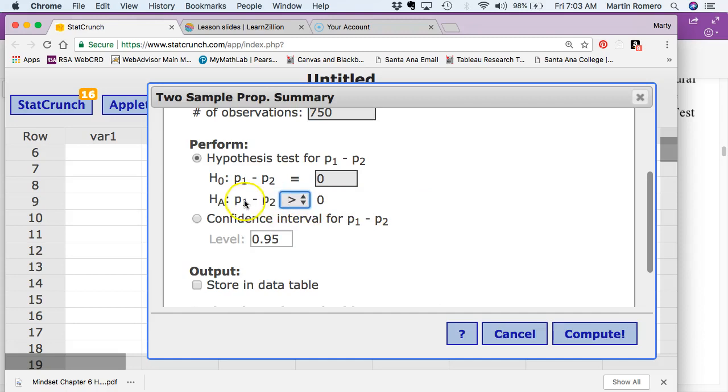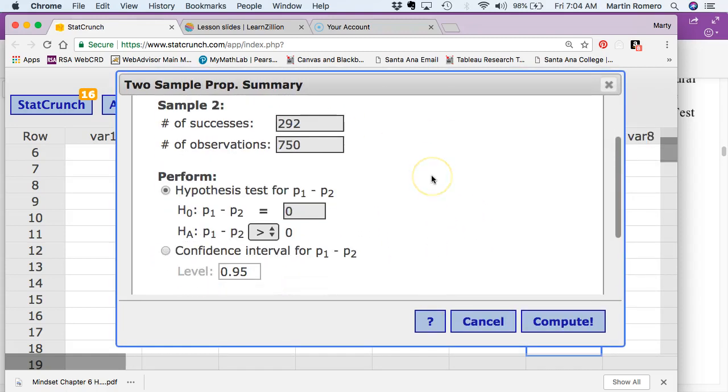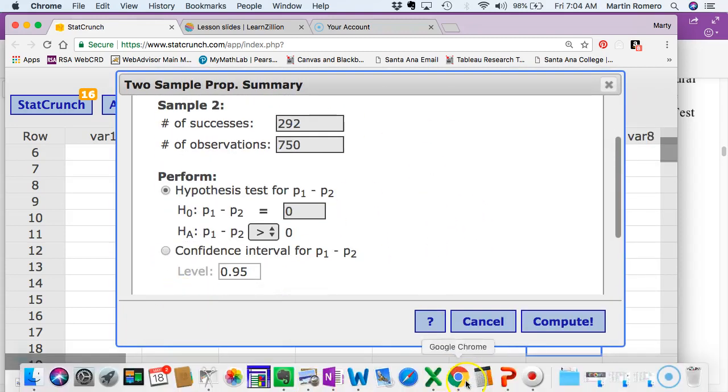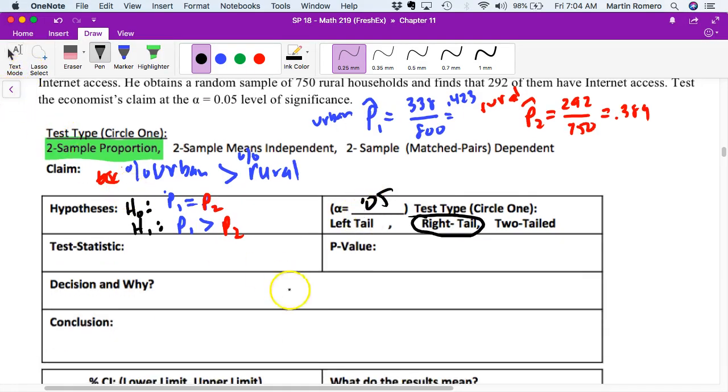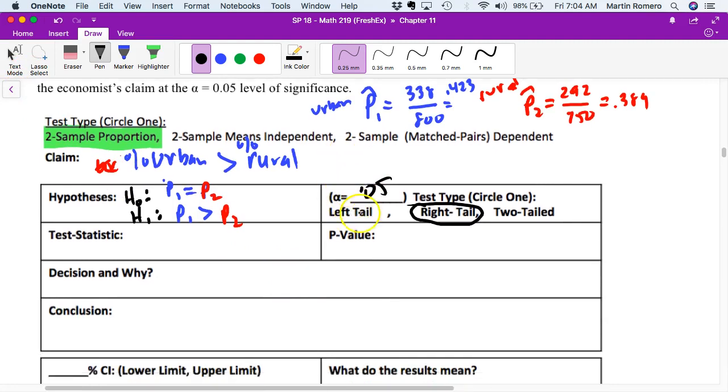So in this case, P1 minus P2, you might be confused here a little bit. How come we wrote it that way? Where that comes from is right here, a little algebra on the side.